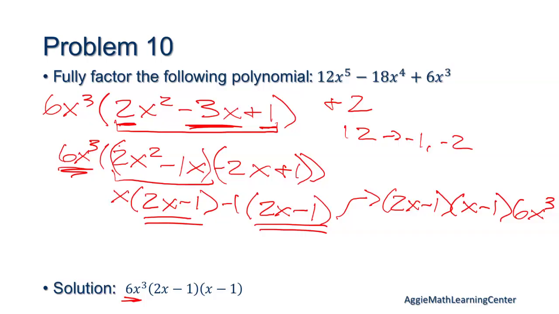Instead of writing all the terms on the bottom and then doing grouping, you just draw a set of parentheses, put stuff where you think it should go, and then you try things until it works.